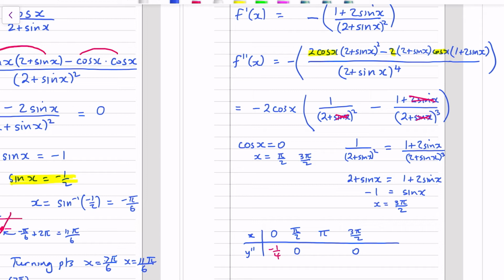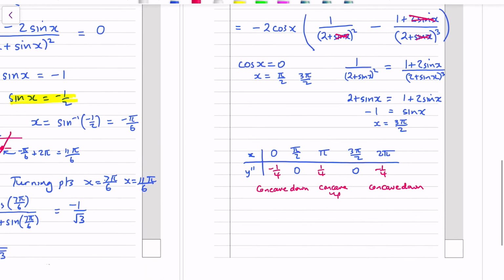So all you get is a sign change. It's going to be a quarter, and so on. So what we're going is it's going from concave down, now it's concave up. And if you do another value like 2 pi, it gives you exactly the same value as 0 did. All of the trig functions have a period of 2 pi, so you get back to -1/4 there. And we're back to concave down.